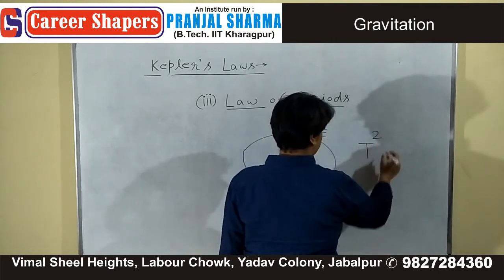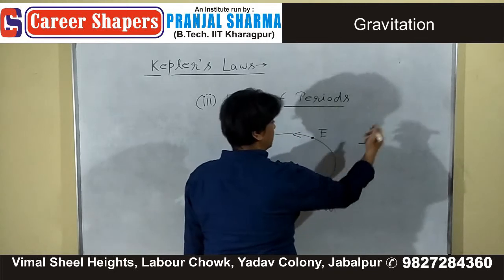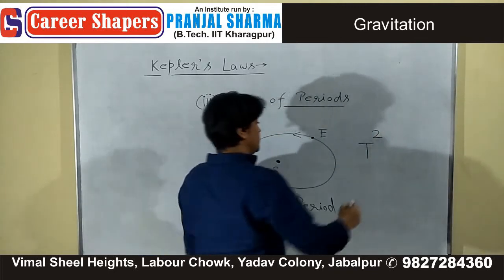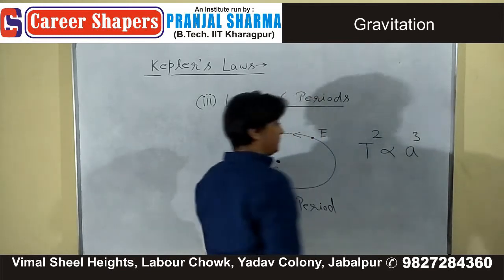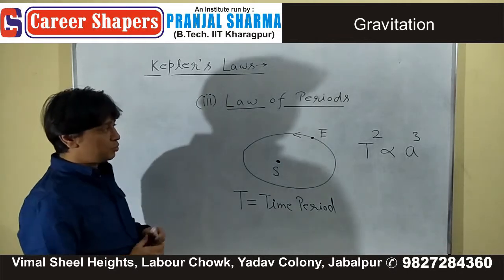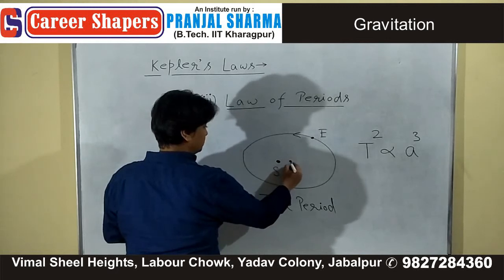this T is proportional to... Square of T is proportional to cube of the semi-major axis. T square is proportional to A cube. This is the origin.